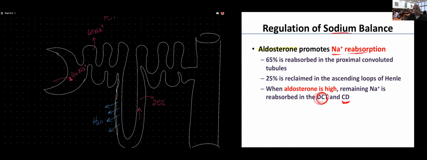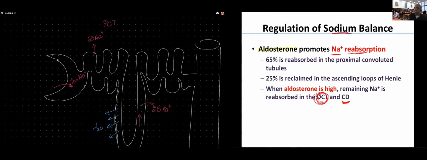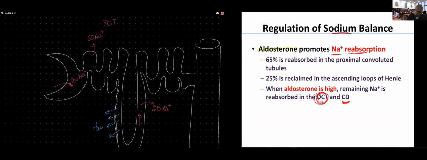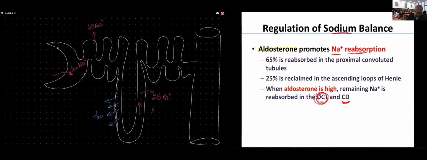But the ascending limb is going to be pulling back 25% of the sodium that got filtered. So if I filtered 100 sodium, 65 of them got reabsorbed in the proximal convoluted tubules, and 25 are reabsorbed in the ascending limb of the loop of Henle.